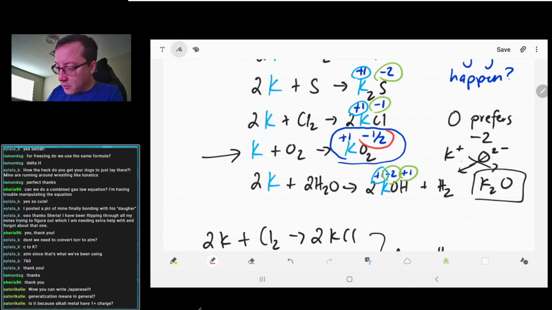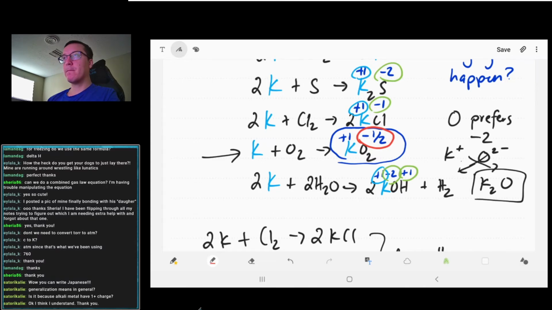If we look at the charge, we get a charge of -1/2 on oxygen. So that's going to be the problem there. Otherwise, we would have to make potassium 4+ or something.